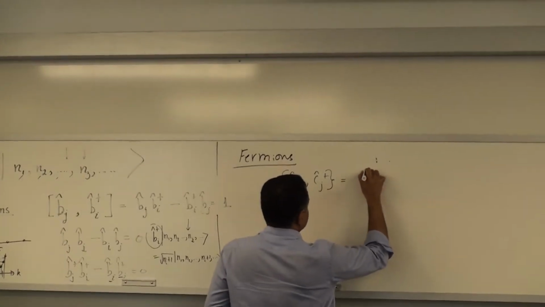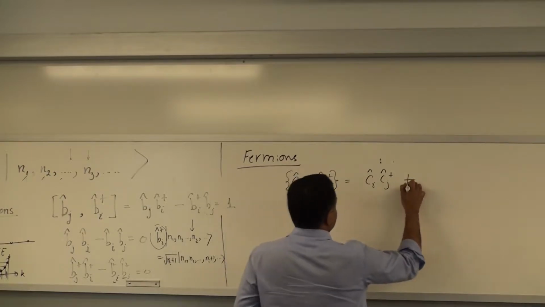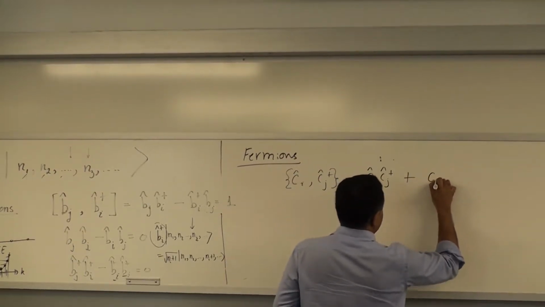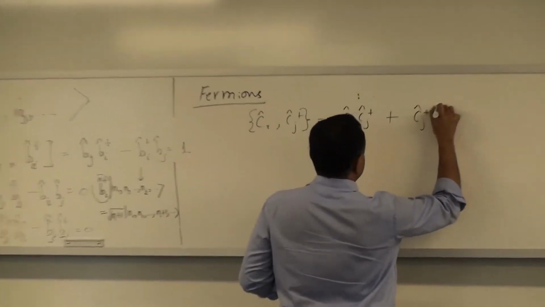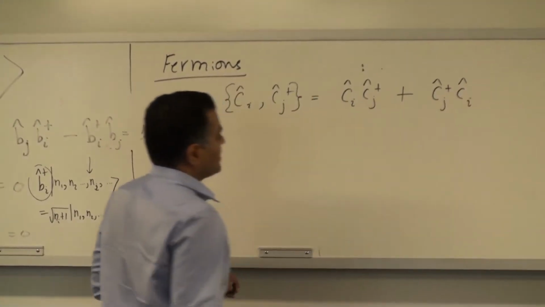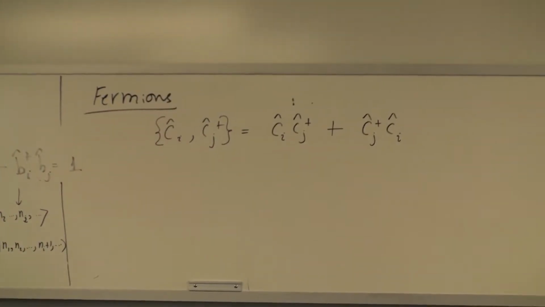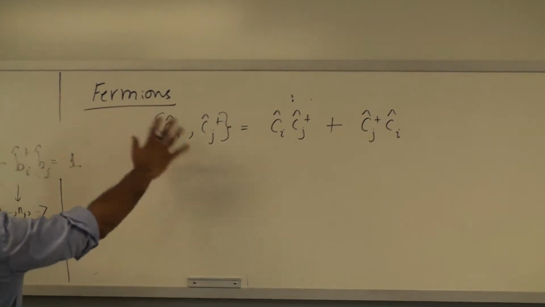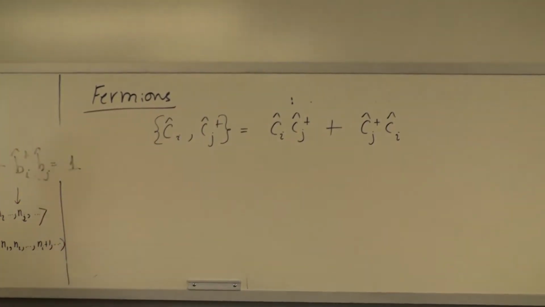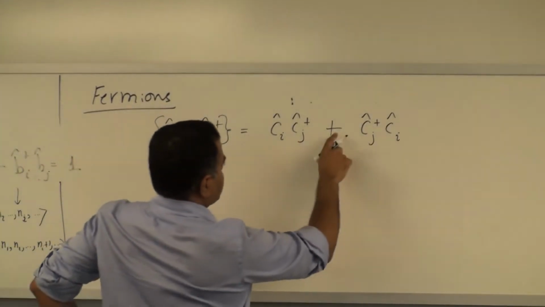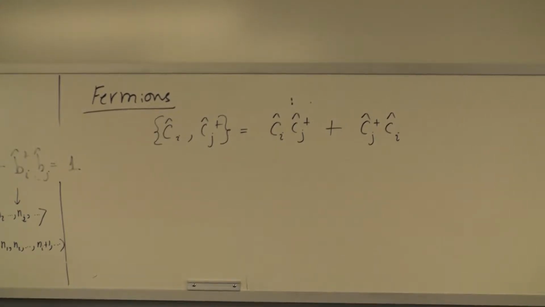I just want to emphasize that this one sign change has such a dramatic effect on the physical properties of systems. This is rather amazing to me. Most people find it very amazing. Just the sign change is responsible for two whole different classes of materials with very different physical behavior. The plus sign is what's called the anticommutator or antisymmetric commutator.